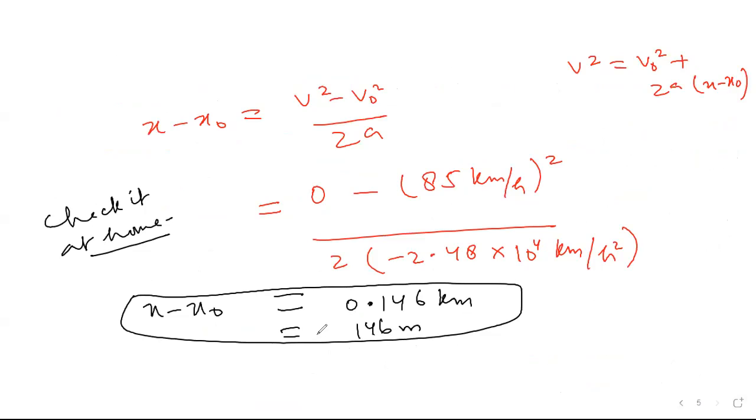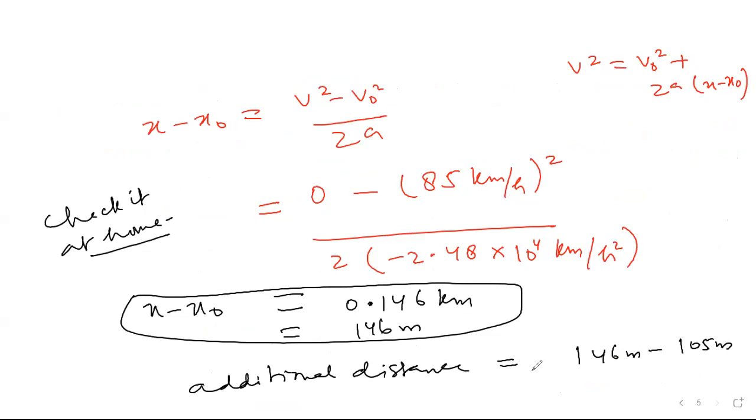The additional distance traveled between the point at which v is 45 kilometers per hour and the point at which v is 0 is 146 meters minus 105 meters, which is 41 meters.